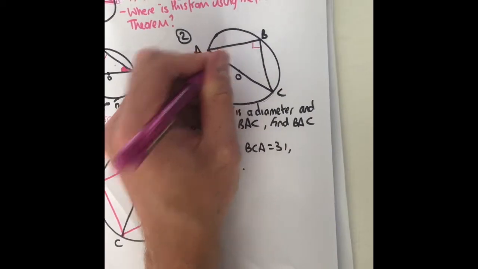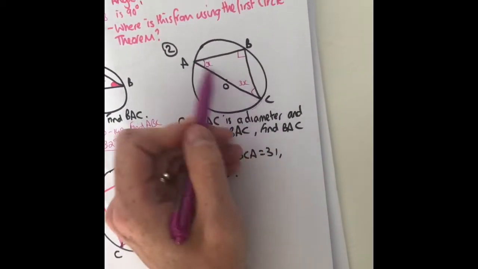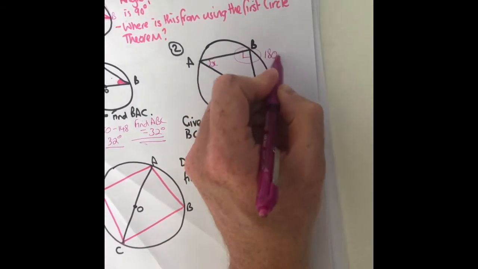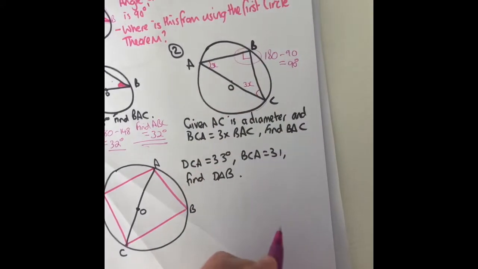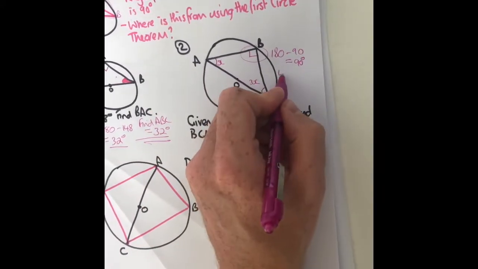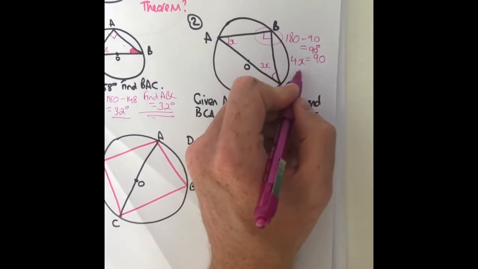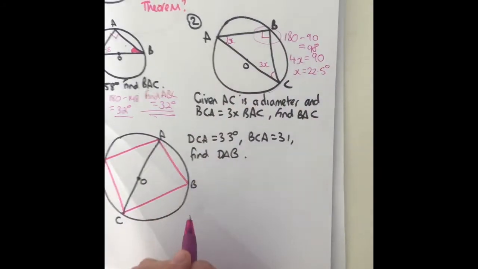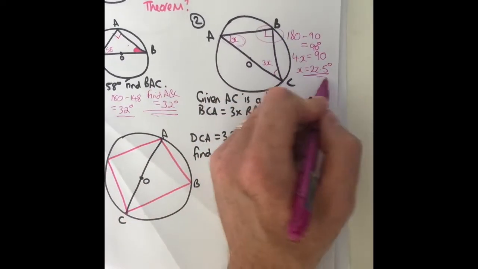So let's say that's x. This one will be 3x. Now, what do those two angles add up to? Well, if you've got 90, you do 180, take 90, you get 90 degrees. And then 3x and x, so 4x is equal to 90 degrees. So x has to be 22.5 degrees. Find BAC. Well, that's just x, so 22.5.